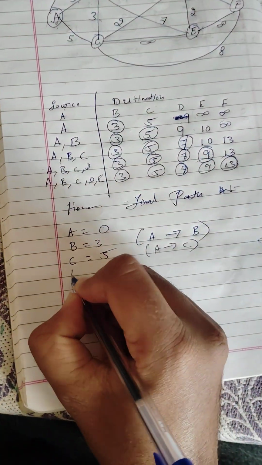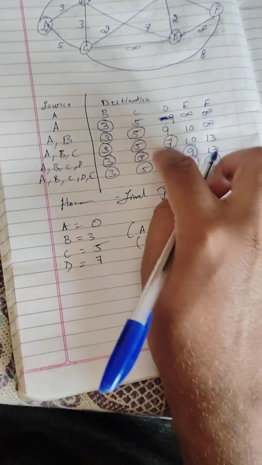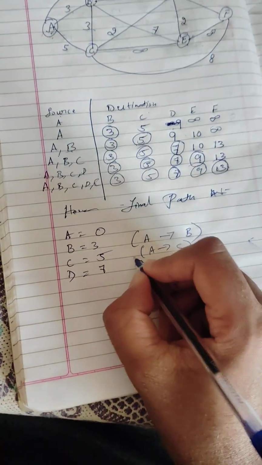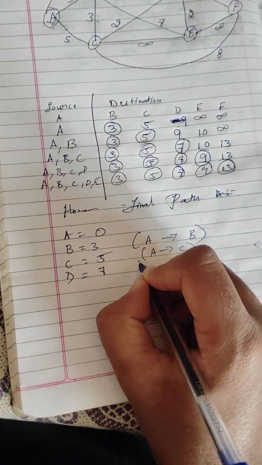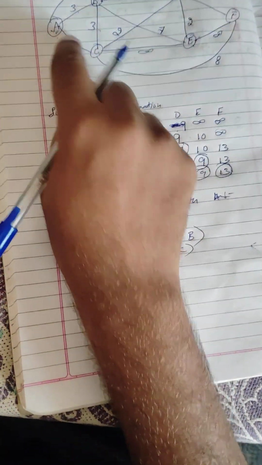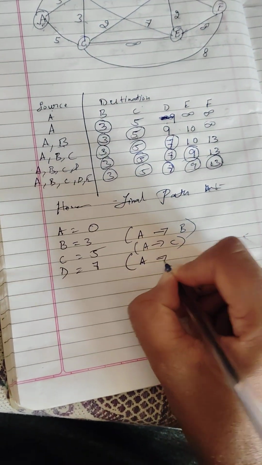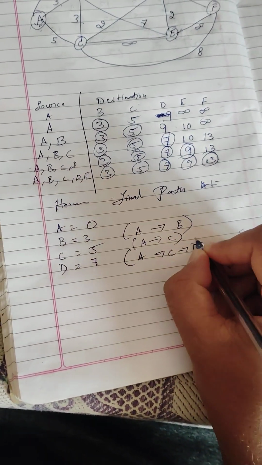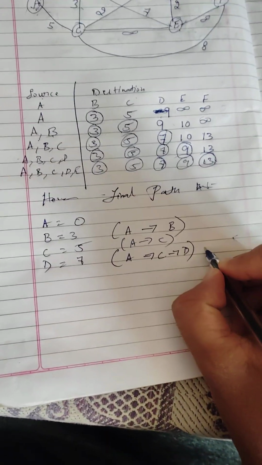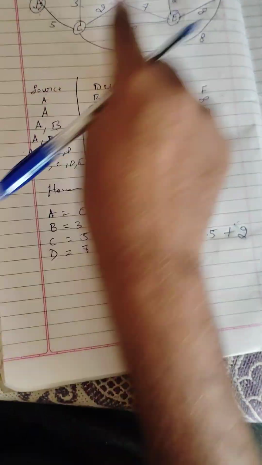Now for D, the shortest path is 7, right? We have rounded it up. We want to take that one for the 7. So for A to D, we have taken A to C, C to D, right? So A to C and C to D. Also on the right side we want to write the values as well: 5 plus 2.